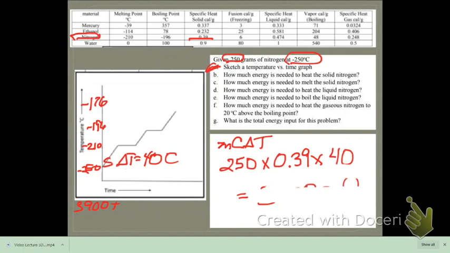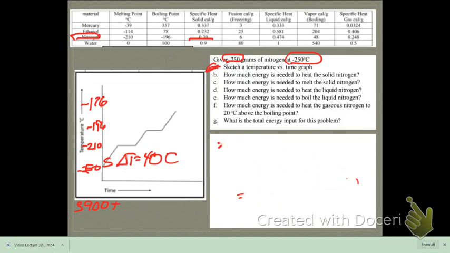Okay, let's look at the next one. This time, I need to melt my solid. So, since I'm melting my solid, there is no temperature change. I'm just going to use the M, and I'm going to use the heat of fusion because it's melting and freezing. So, heat of fusion for this is 6.